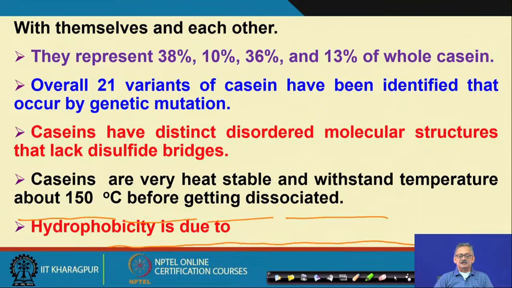Caseins have a distinct disordered molecular structure that lacks disulfide bridges. Also, caseins are very heat stable and withstand temperatures of about 150 degrees centigrade before getting dissociated, meaning denatured, right.